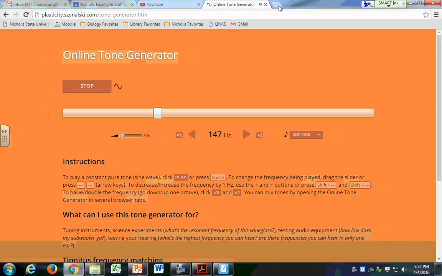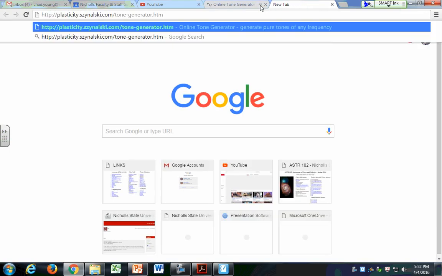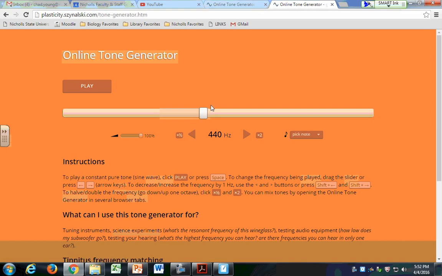So 147, and now I'm going to make another tone that's very similar, but a little bit different. Turn this one back on. So now we have two waves with nearly the same frequency.